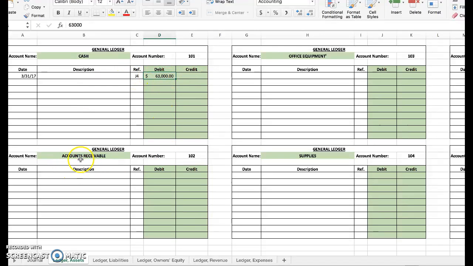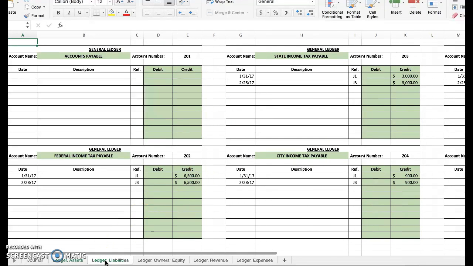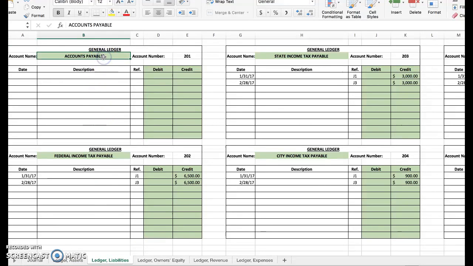We're not going to worry about accounts receivable or office equipment or supplies or any of the other assets. The liability accounts, there would be a large number of entries in accounts payable, but for our purposes, there's nothing there because we don't need to worry about those in this particular entry. So we're not showing any.